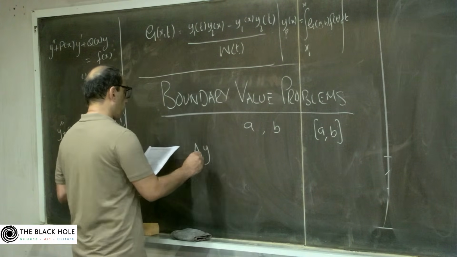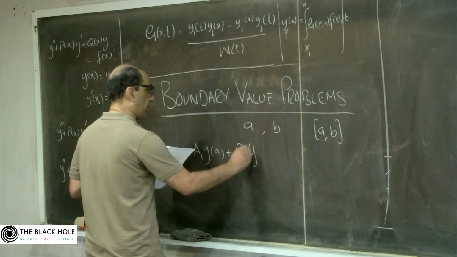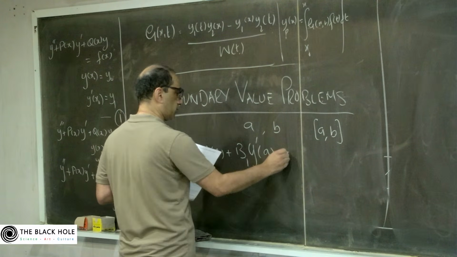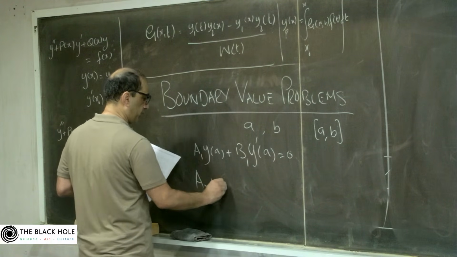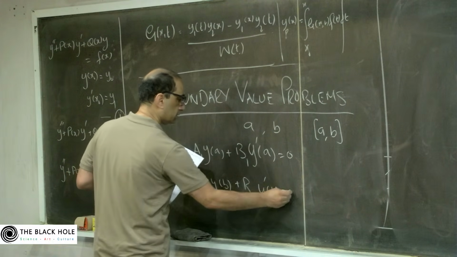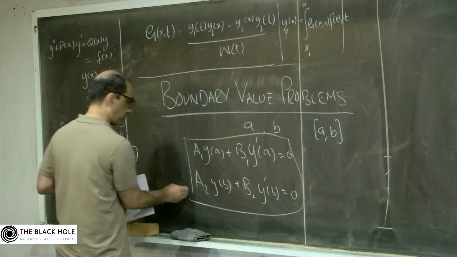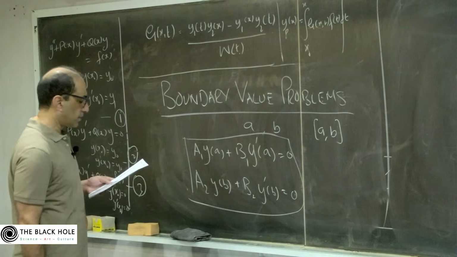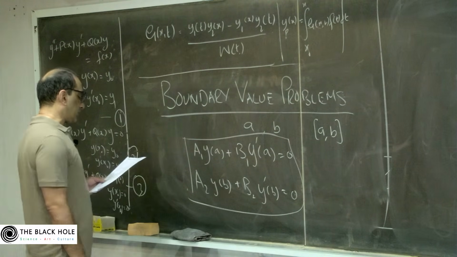So what are those conditions that I wrote down the other day? a1 y of a plus b1 y dash of a is equal to 0, a2 y of b plus b2 y dash of b is equal to 0. All right. a1, b1, a2 and b2, these are the constants.